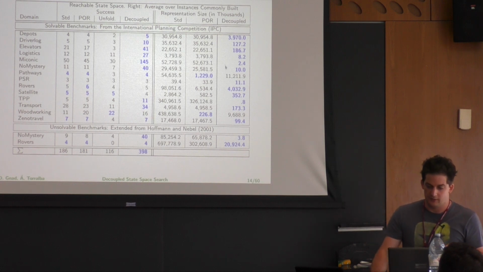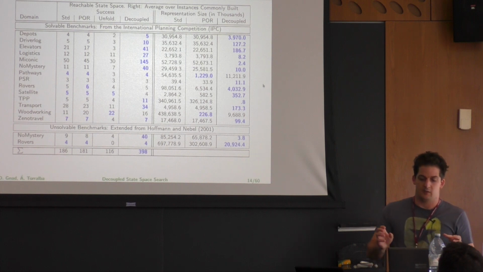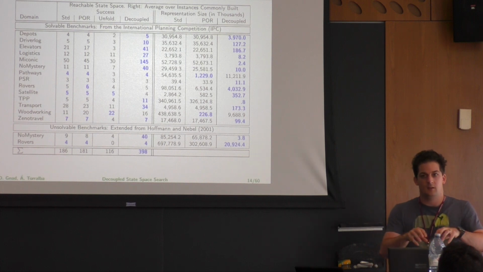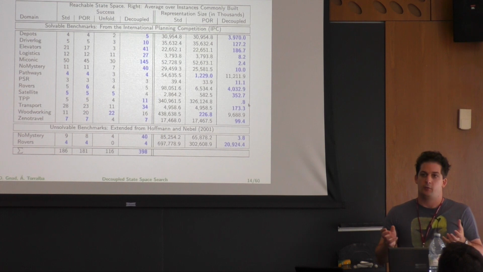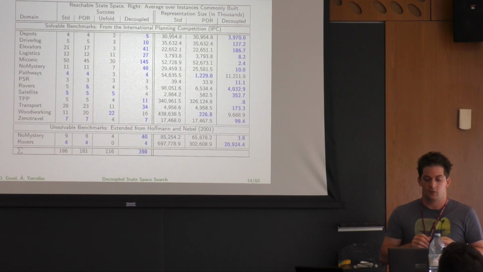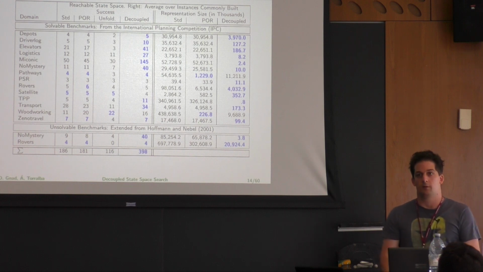Again, you see that decoupled search, against partial order reduction and standard search, is able to compress the state space by huge amounts. Look at TPP, where the representation is 6 orders of magnitude smaller than for the explicit search, and also for search under partial order reduction.